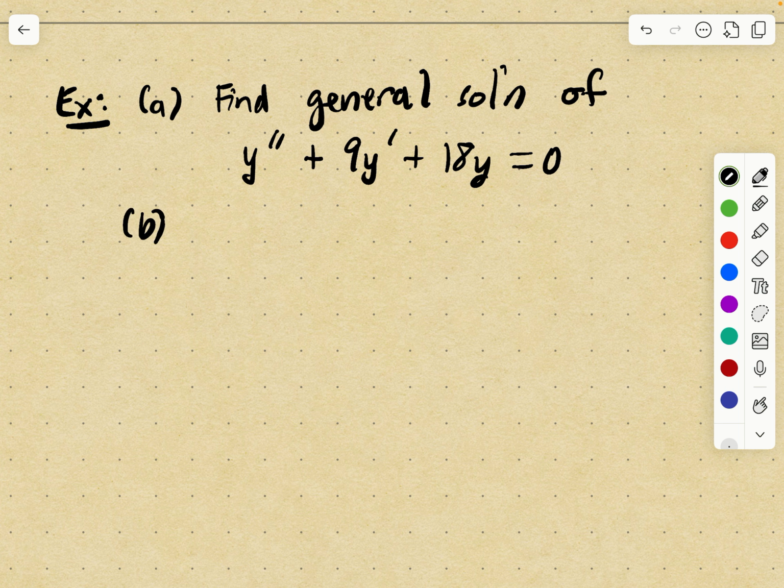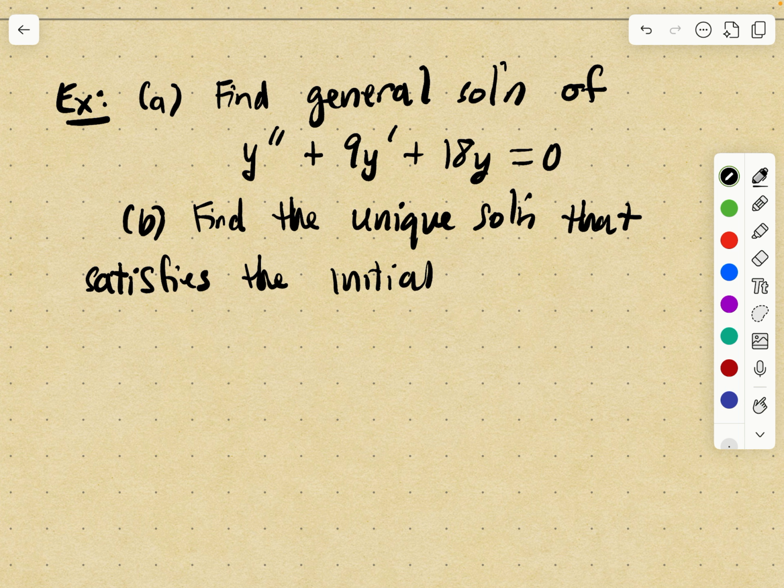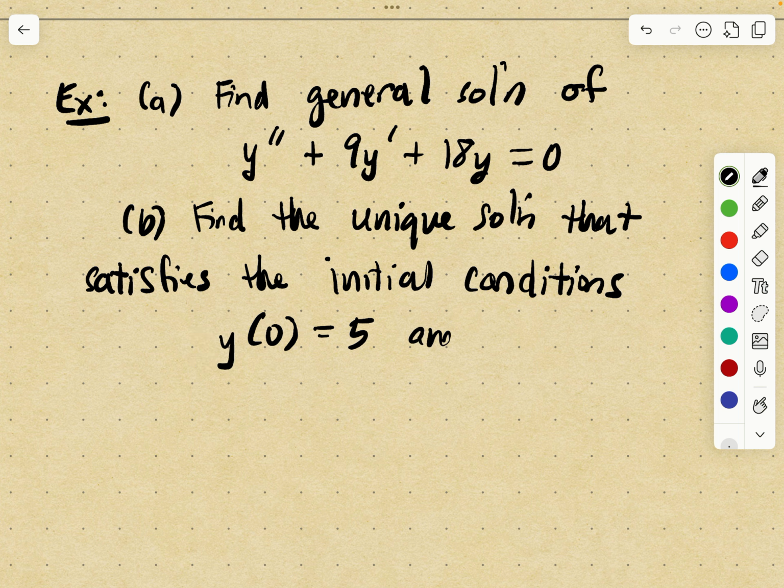Okay, and then part B says find the unique solution that satisfies the initial conditions y of 0 is 5 and y prime of 0 is negative 21.